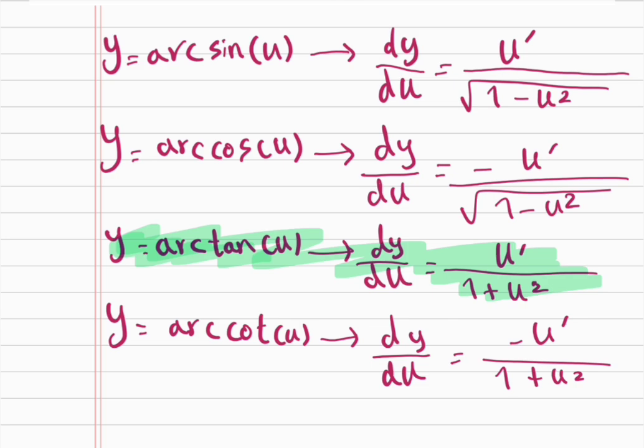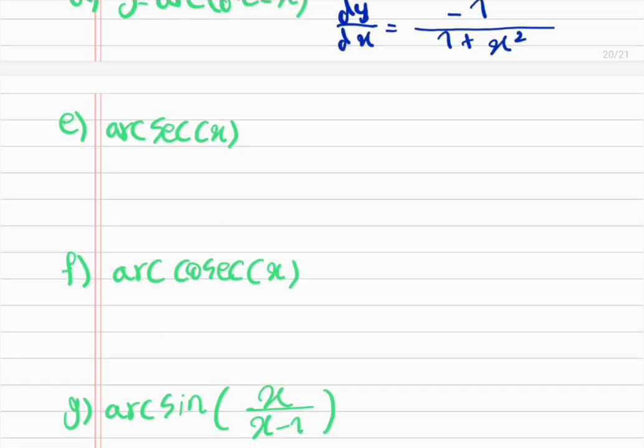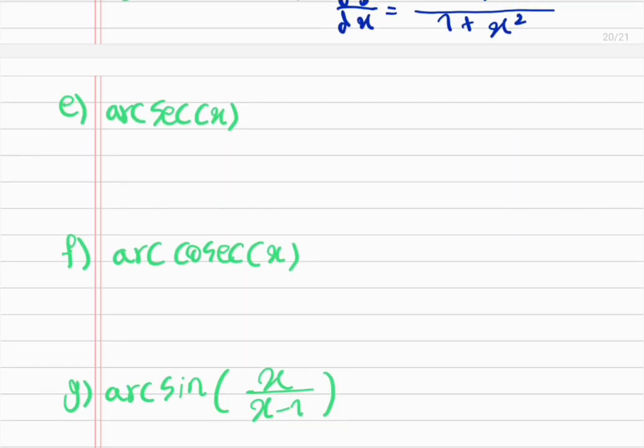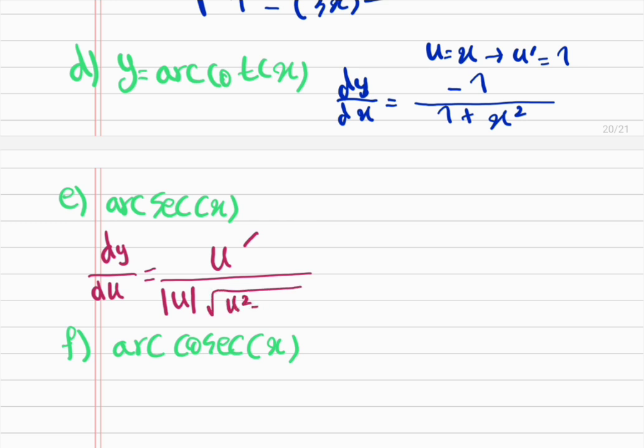In this video we have two more results. The first one is part E, which is arc sec x, and this is again one of the standard results. The derivative, dy/du, is equal to u dash over modulus of u times the square root of u squared minus 1.